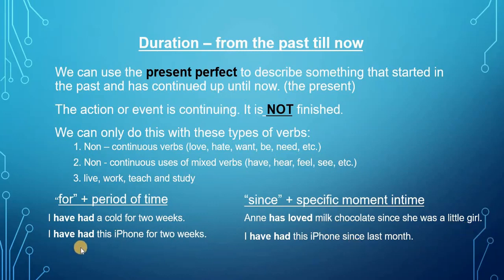I have had this iPhone for 2 weeks. Or I have had this iPhone since last month. This is very important, that the action or event is continuing. It is not finished. Alright?